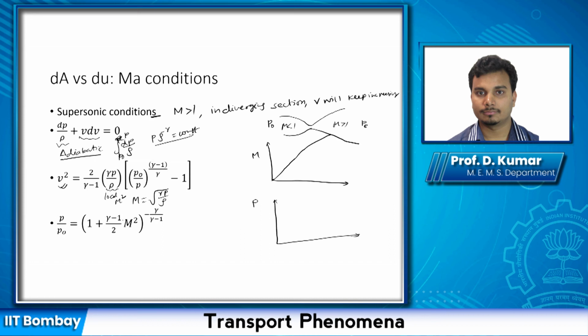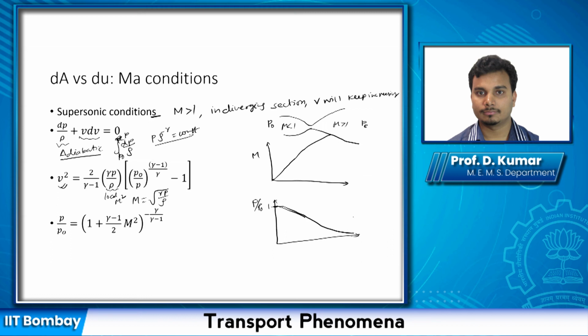So you can use this equation to plot the pressure variation throughout the nozzle. You can see that P by P naught will start from 1 initially, and as you go, it will keep decreasing. So this equation gives you the pressure variation.